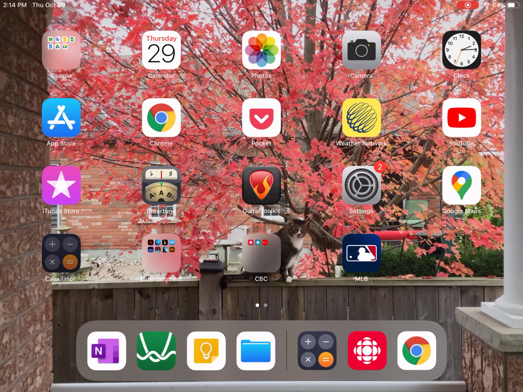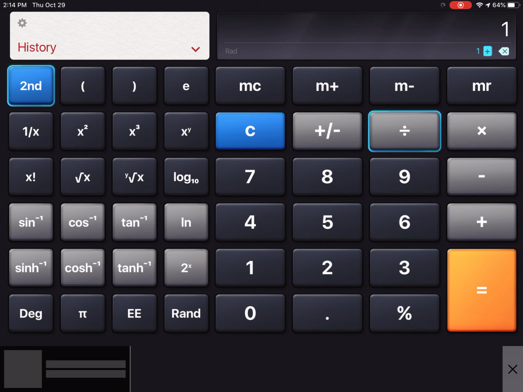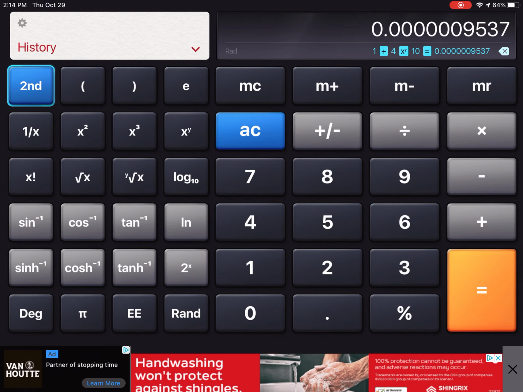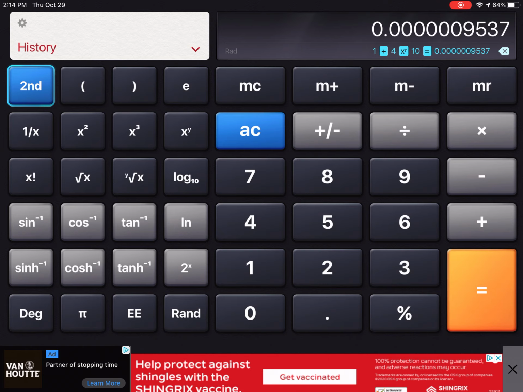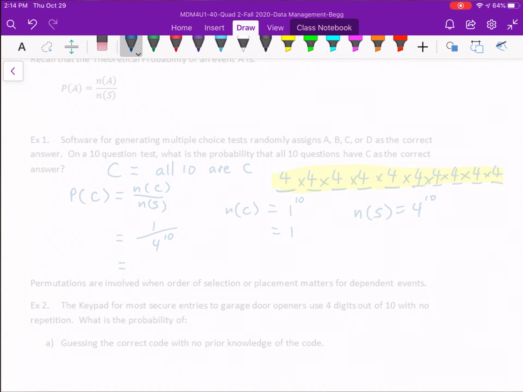If we go to our calculator, 1 divided by 4 to the exponent 10 equals 0.0000009537, so 6 zeros after the decimal.